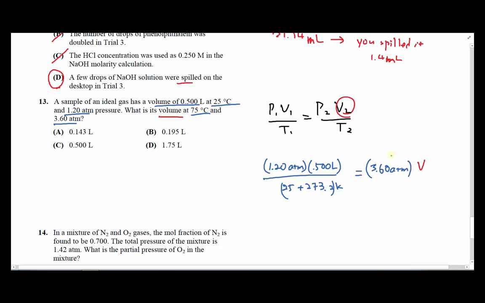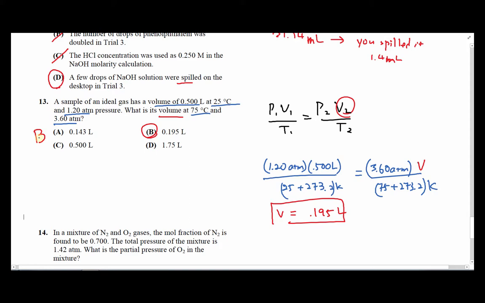And finally, our temperature is 75 plus 273.2, and this becomes Kelvin. So I just wrote the K as a Kelvin in units. Okay, when you cross multiply and solve for our V, you get 0.195 liter, and the answer is B.